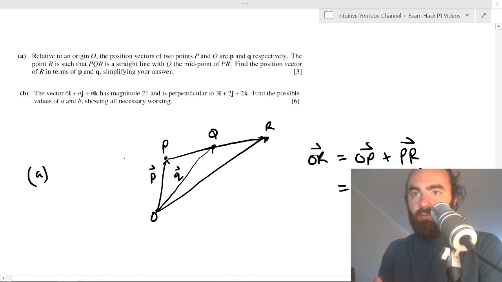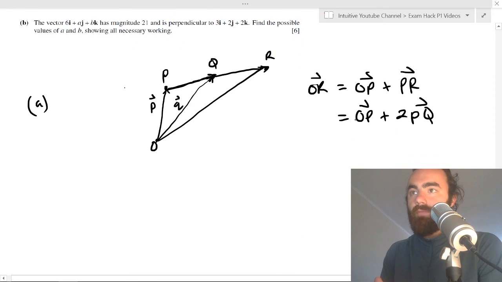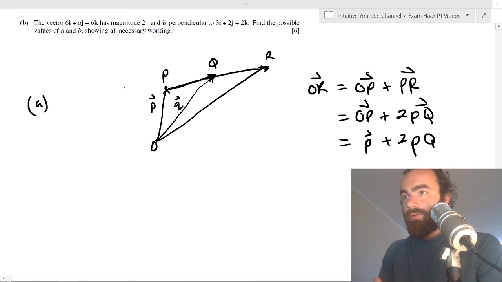So PR is equal to 2 times this vector PQ, because it's at the midpoint. So if we find PQ in terms of P and Q, and we already have OP is just P, so OR is P plus 2PQ.